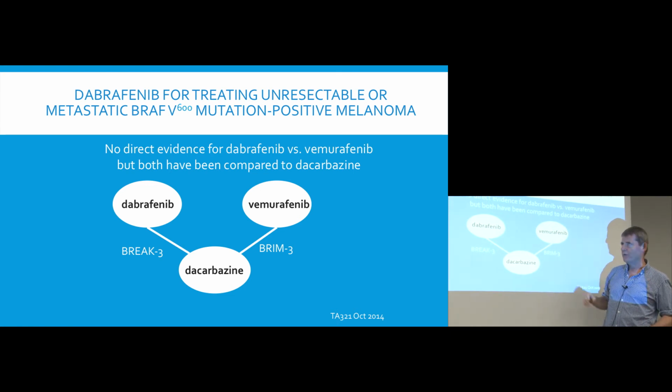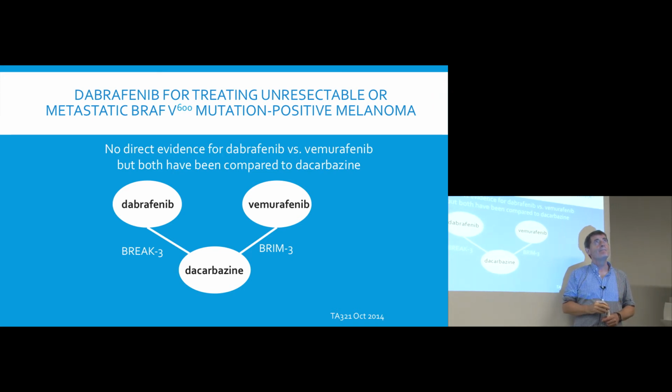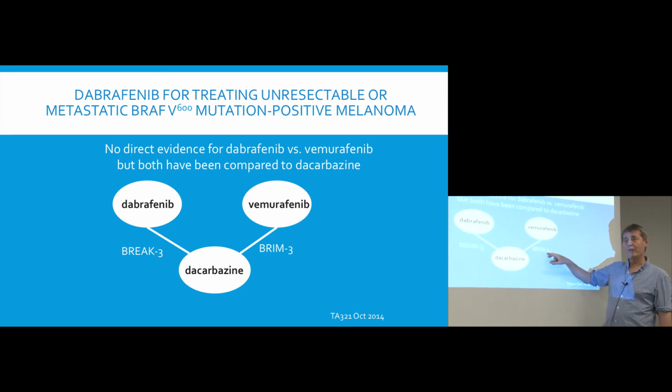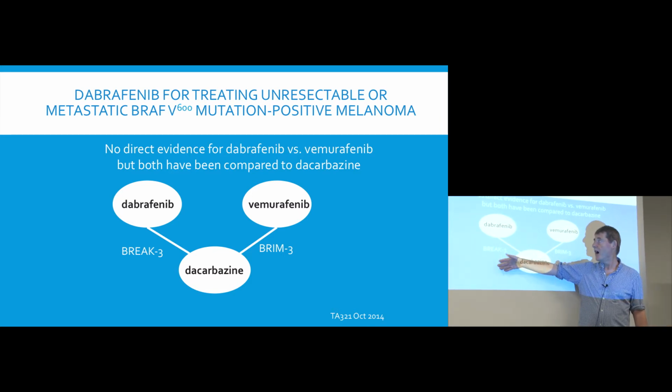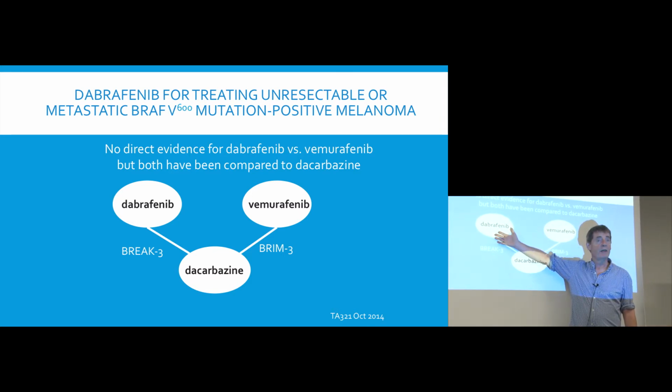So for example, suppose in BRIM3, half the patients were male, half were female. But in breakthrough, a third were female, two thirds male.